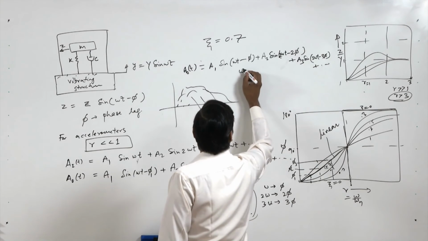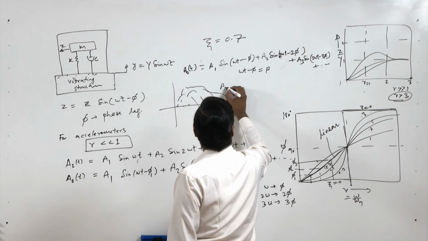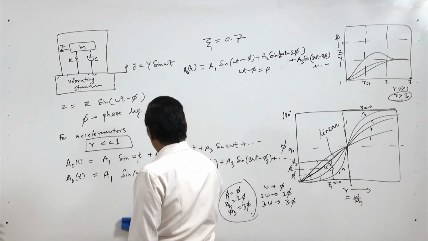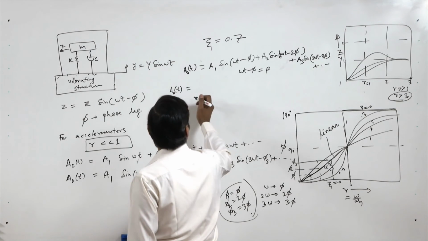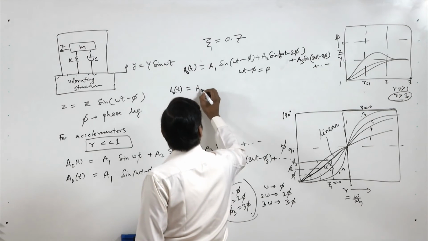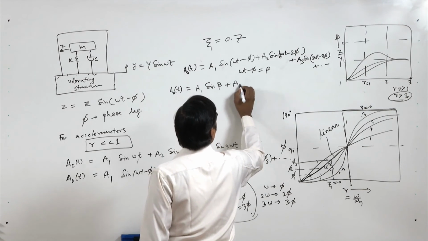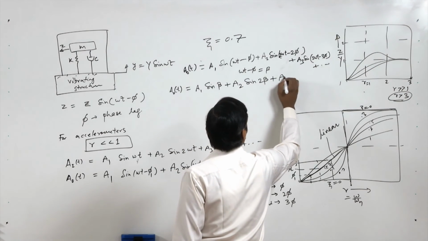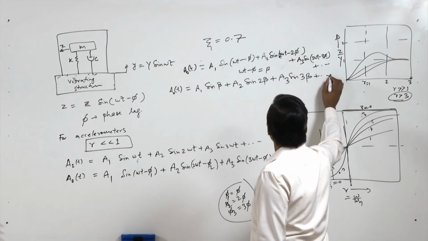Now if we take omega t minus phi equal to beta, we can write A0(t) equal to A1 sine beta plus A2 sine 2 beta plus A3 sine 3 beta plus so on.